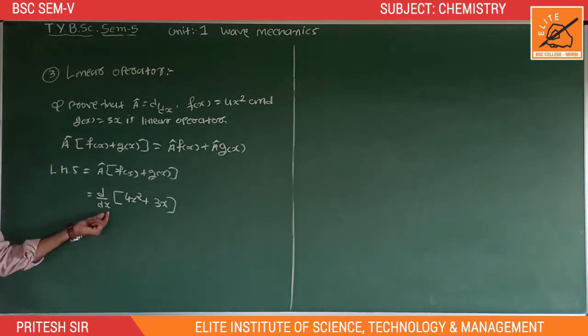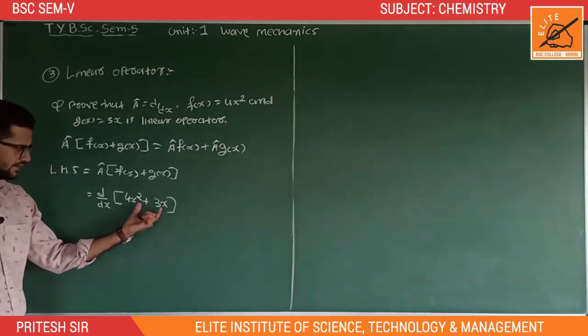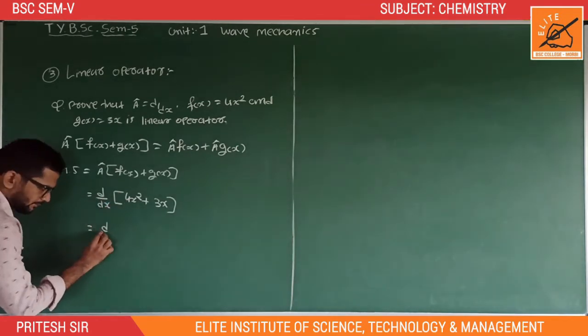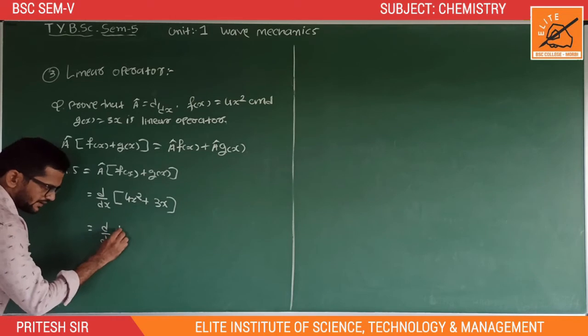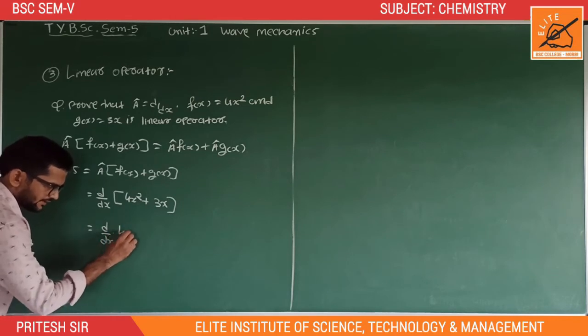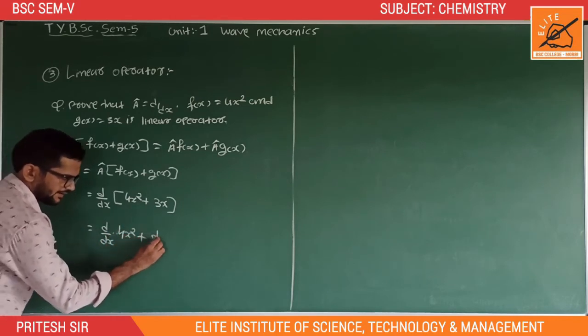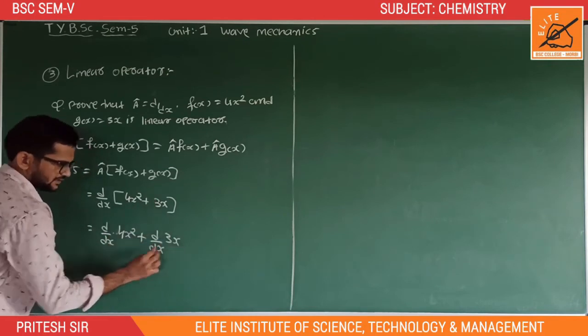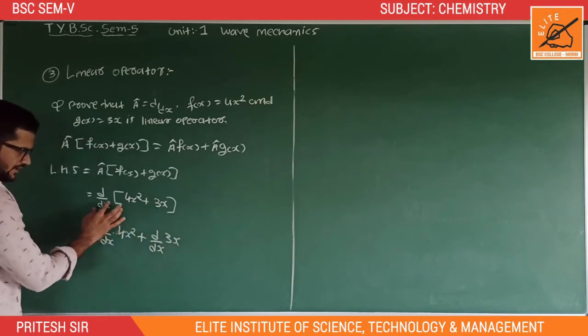So d by dx of 4x square plus 3x. Now d by dx of 4x square plus d by dx of 3x. It means multiply the bracket with d by dx.